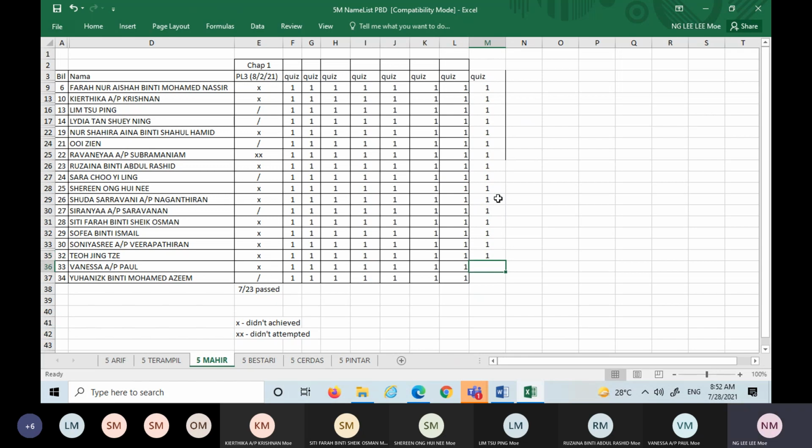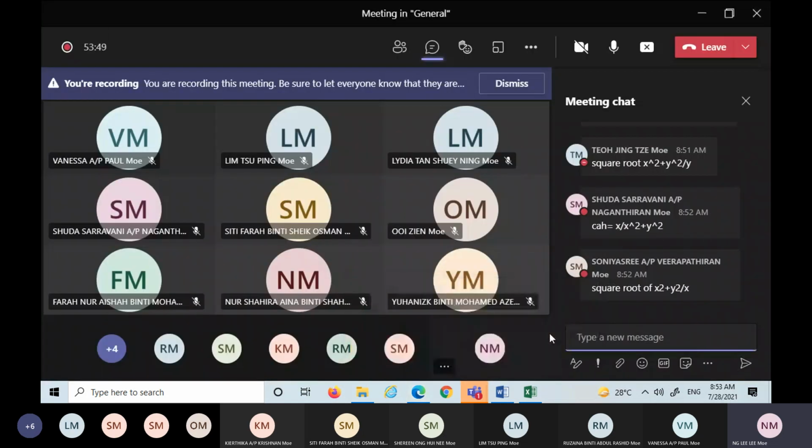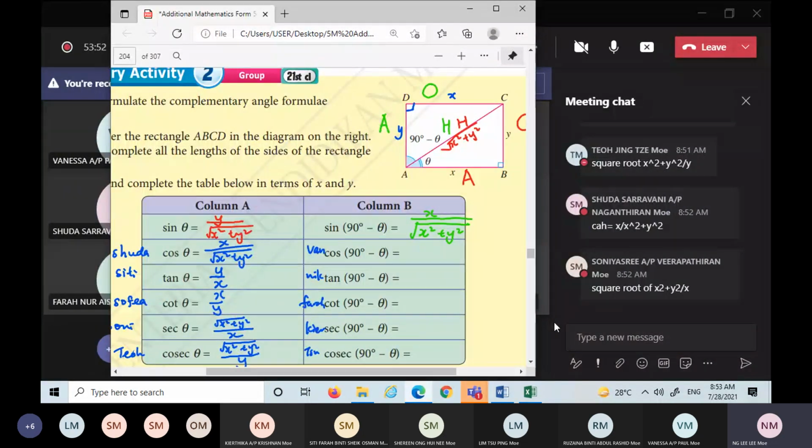Okay, Vanessa and Hanis. Then we come back to the top of the list: Farah, Kritika, and then Suping. Cosine 90 minus theta is y over the square root of x squared plus y squared.